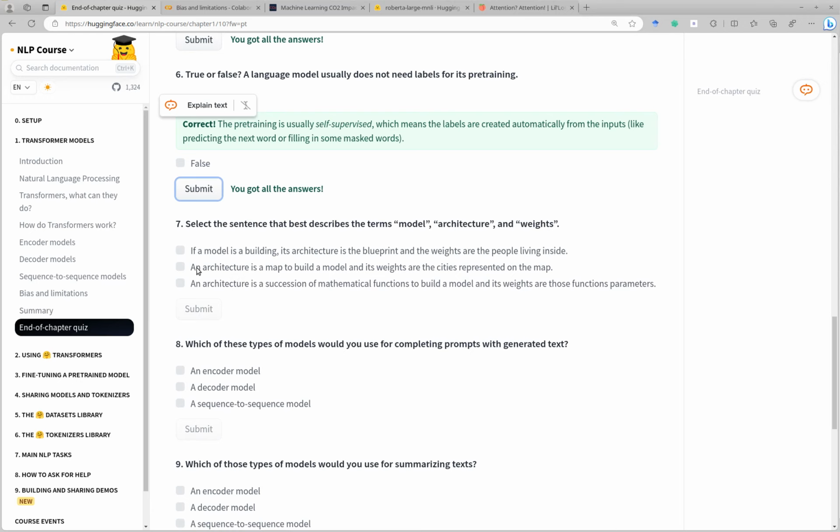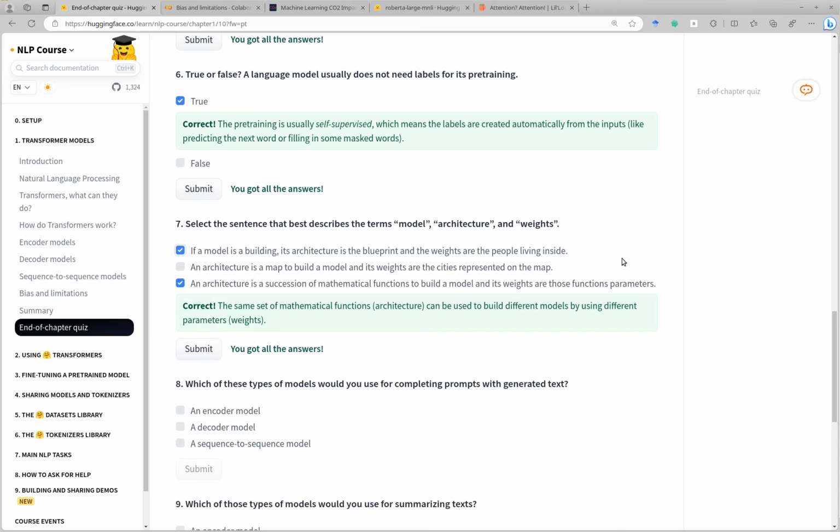Let's try another. An architecture is a map to build a model, and its weights are the cities represented on the map. Architecture is a succession of mathematical functions to build the model. Yes, they are functions, and weights are those function parameters. So this sentence seems to fit well.